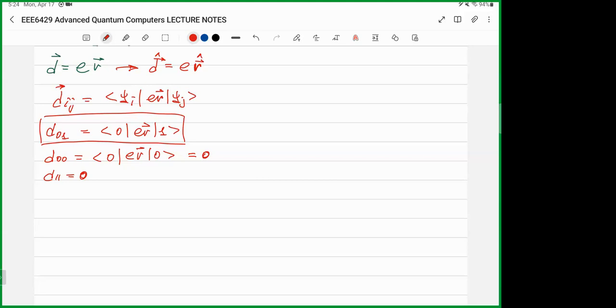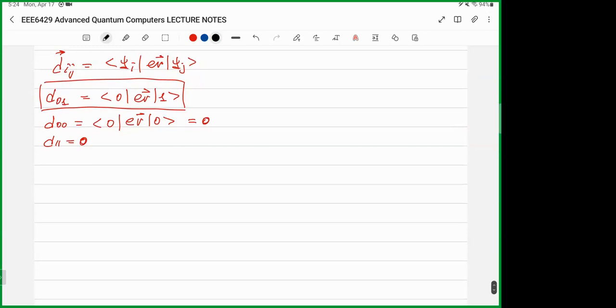An example of an atom that we use in the lab would be, for example, atomic rubidium.